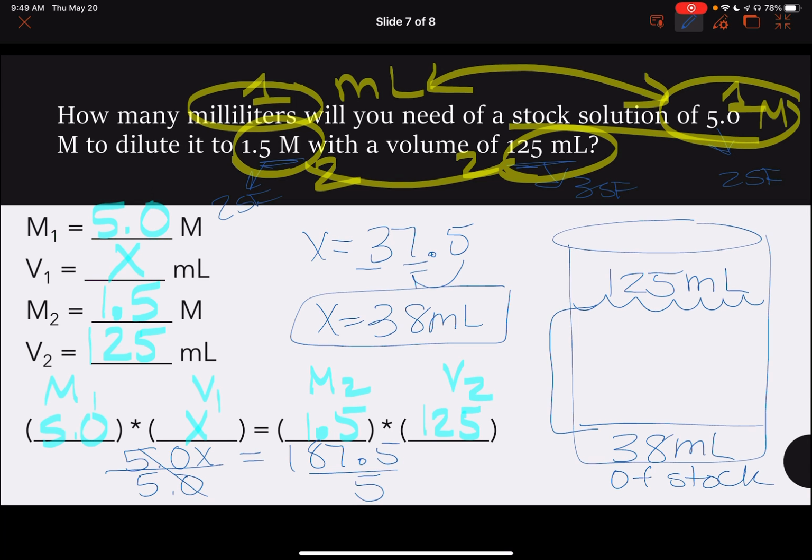So what would fill in the space here to get it to that dilution? So remember, if we're diluting, we have to add water. And how we find out how much water, we're going to do 125 minus 38. And that's going to tell us how much water we need. So we would need 87 milliliters of water to perform this dilution.